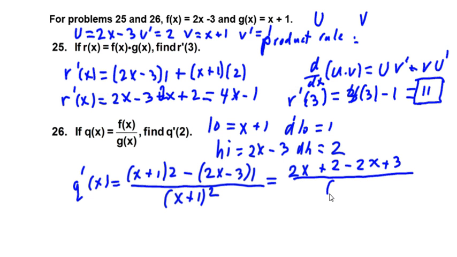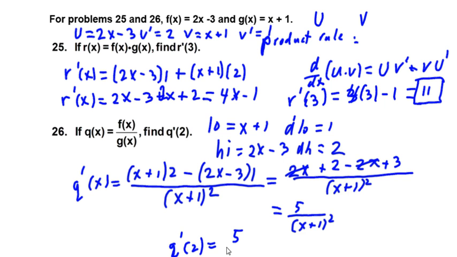So we have x plus 1 quantity squared, and 2x minus 2x cancel each other. So we're going to have 5 over quantity x plus 1 squared, and q prime of 2 is going to be equal to 5 over 2 plus 1 squared, which is going to be 5/9.